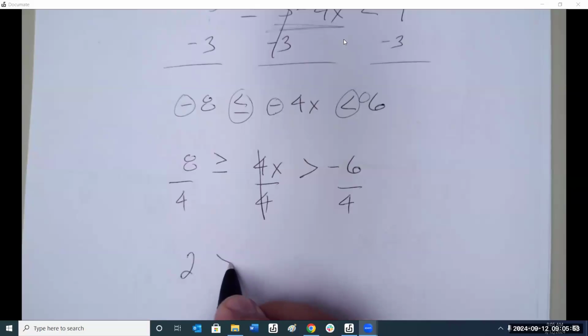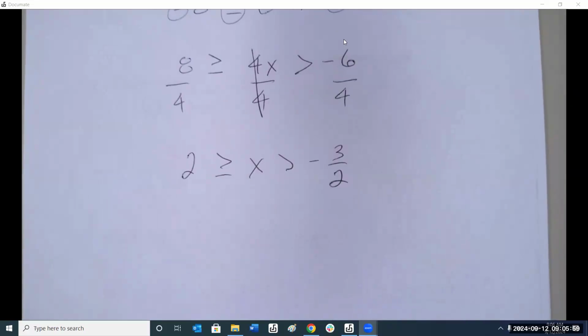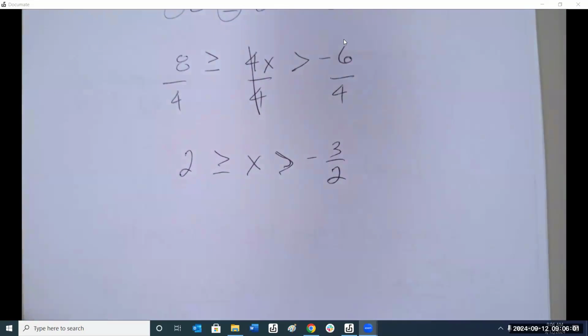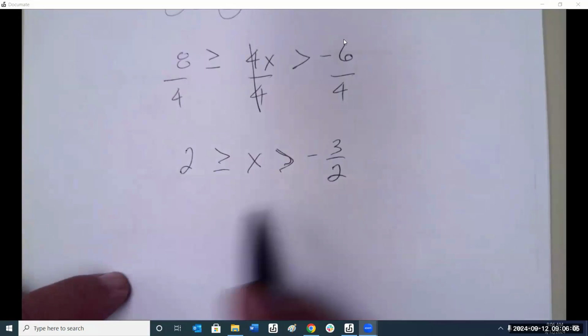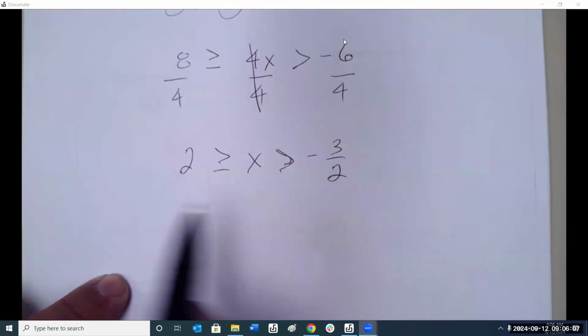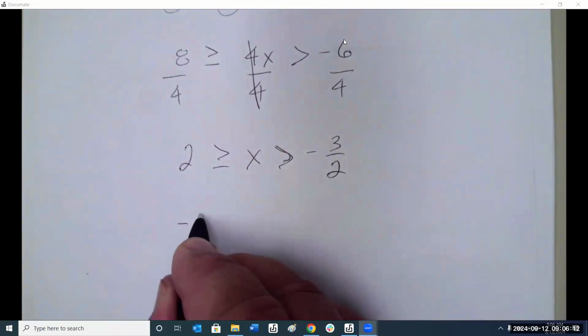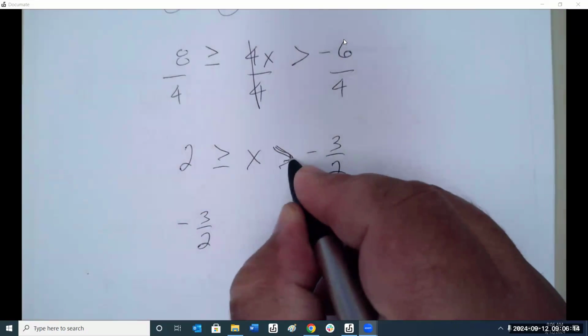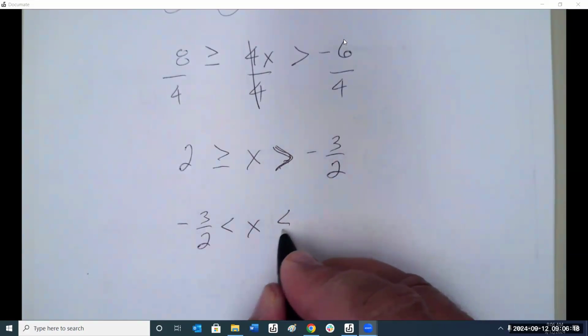We have 2 is greater than x is greater than -3/2. This is not the right order because we read left to right, it's backwards. So we have to flip the whole thing. We have -3/2, it points at the x.